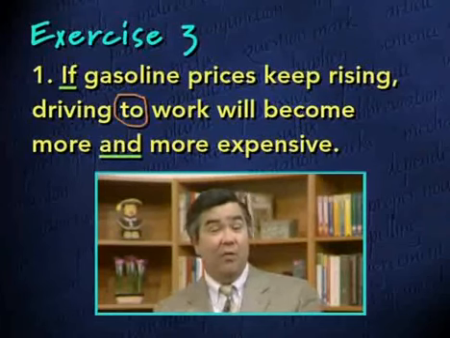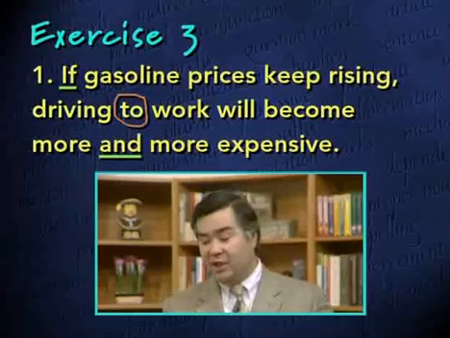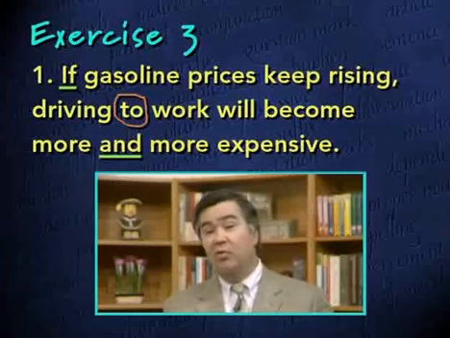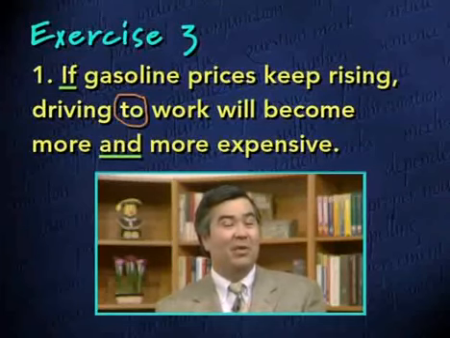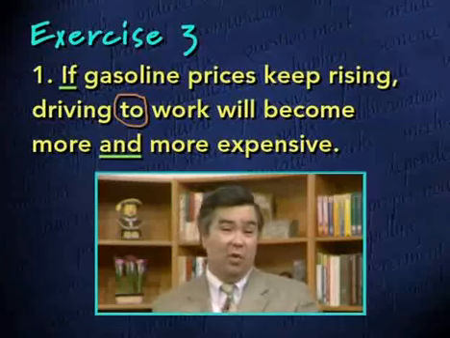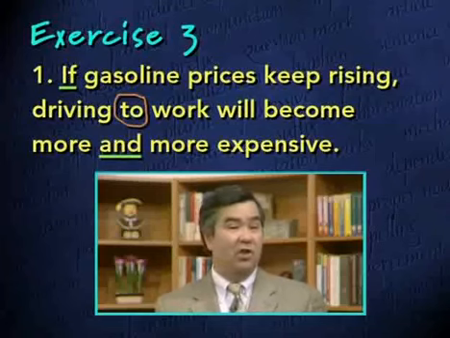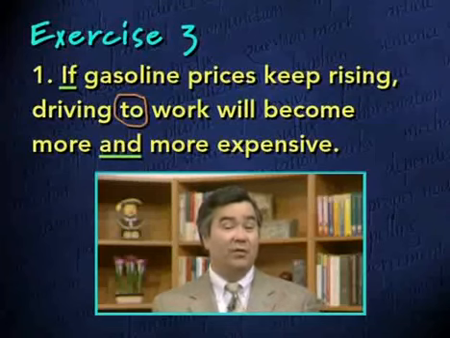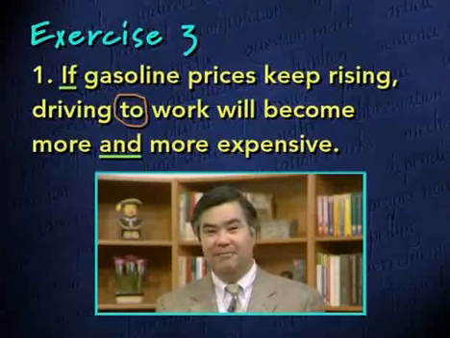When you say, I work in the garden, you are using it as a verb because it describes action. In this case, driving to work uses work as a noun. Here, it almost describes a place. That's where you are driving to, work. So work is a noun in this case. It's the object of the preposition to. The whole thing is the prepositional phrase to work. So to is the preposition here.